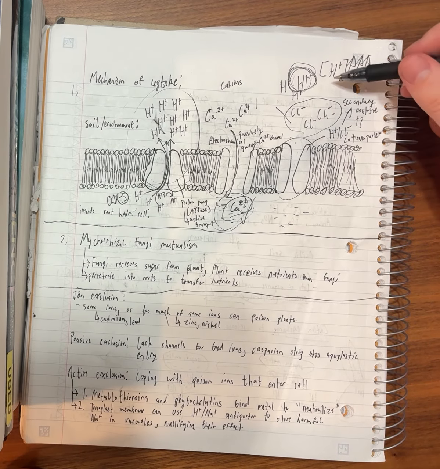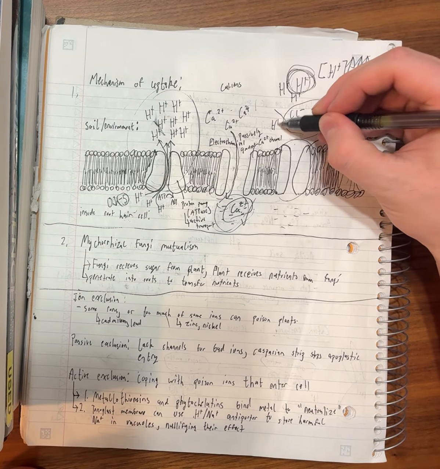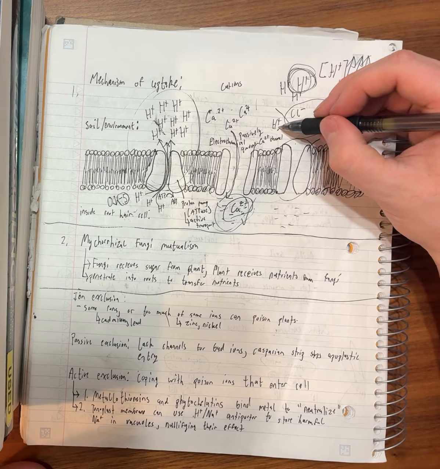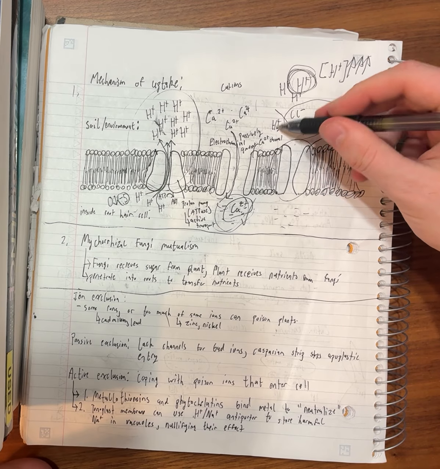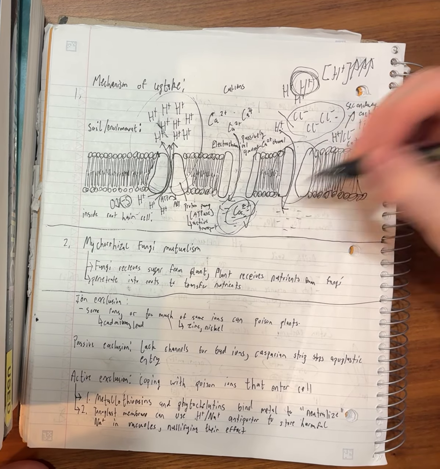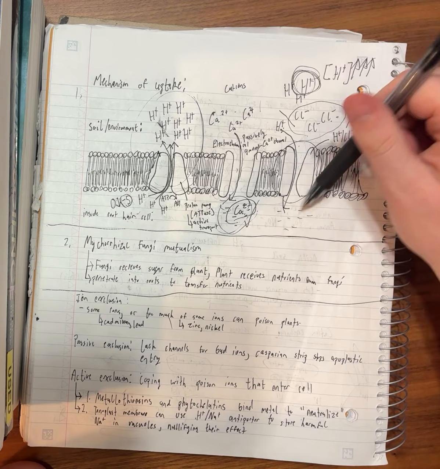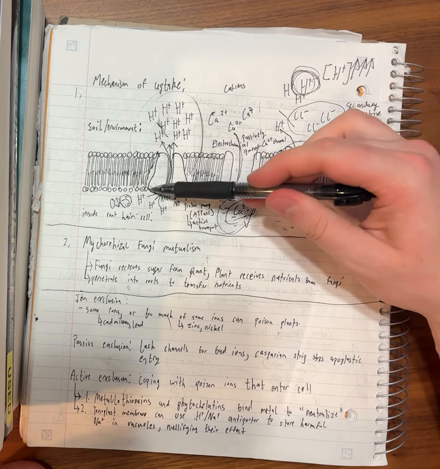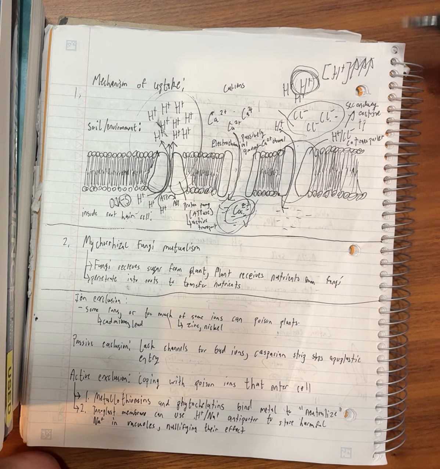So what's going to happen is this proton that really wants to go into the cell is going to do that. It is going to passively go back into the cell, because it wants to go down this chemical gradient that we've created with the proton pump.